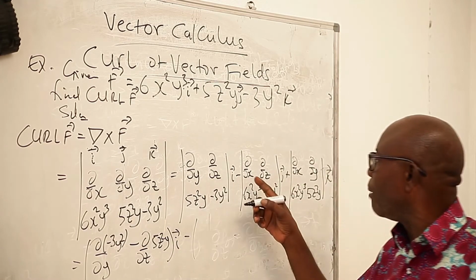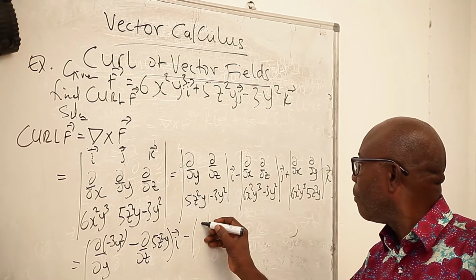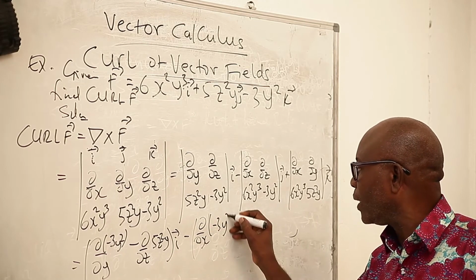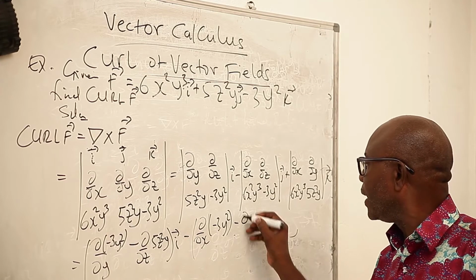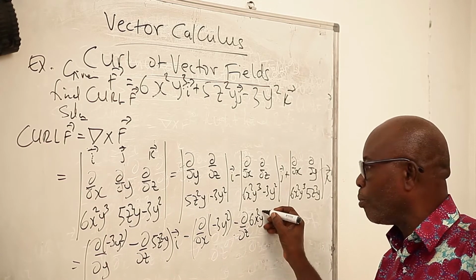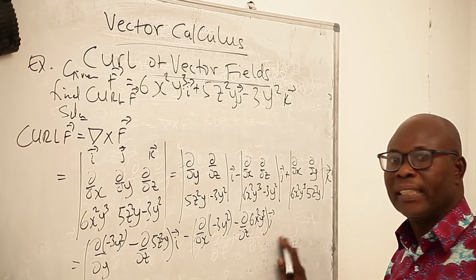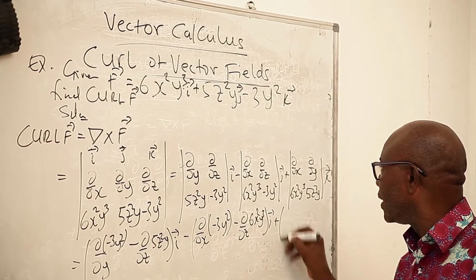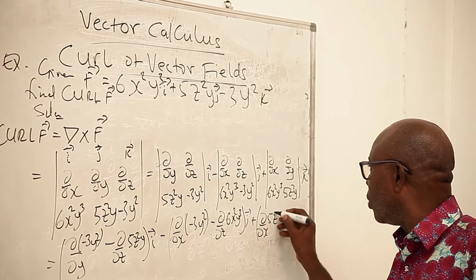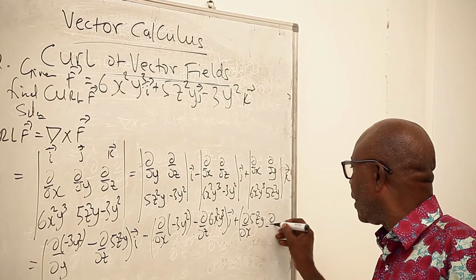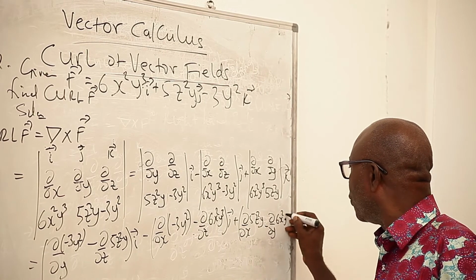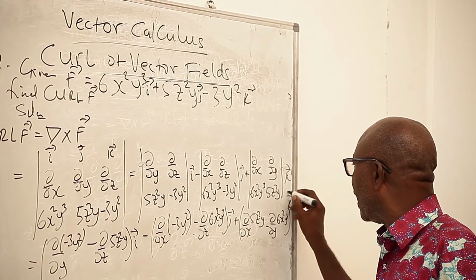Minus, if you come here, we have partial x of negative 3y squared minus partial z of 6x squared y cubed in the j direction, and then plus this one gives us partial x of 5z squared y minus partial y of 6x squared y cubed, all in the k direction.